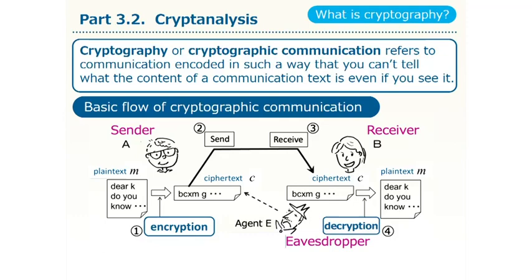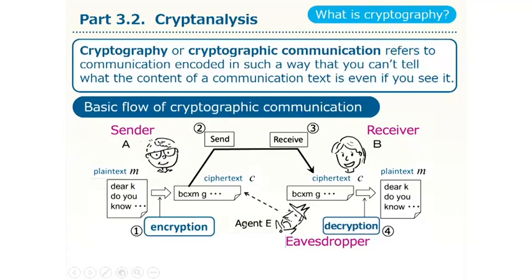Basically, three characters are involved in cryptography. First, we have a sender A who sends an encrypted message, then receiver B of the message. Furthermore, we have an eavesdropper who eavesdrops on the cryptographic communication. Let's call him Agent E. Those are the three characters.